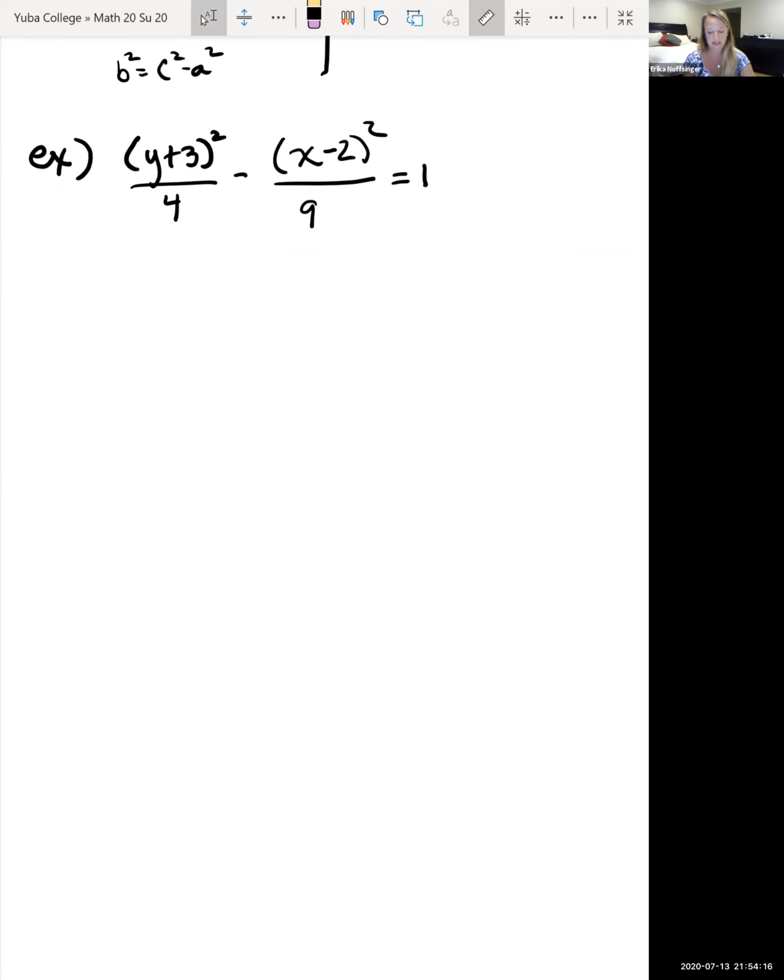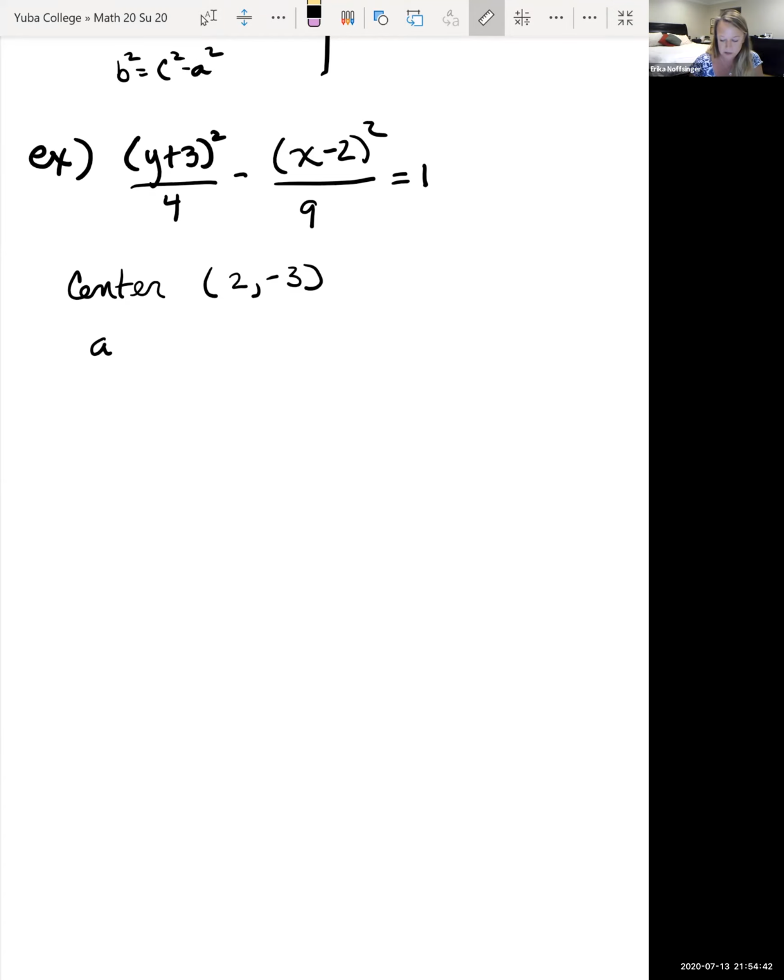Okay, so looking at this, I can see what the center is. So h, k, h is always a value with an x, so opposite sign. So it is +2. And my k value is with a y, so it's -3. A squared is always with a +1.